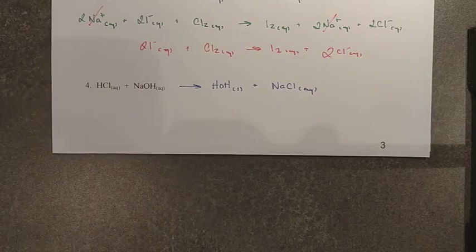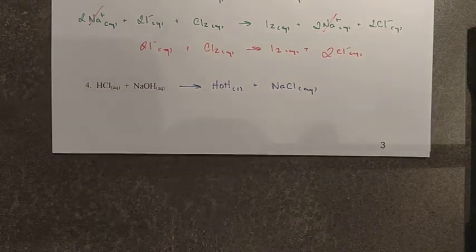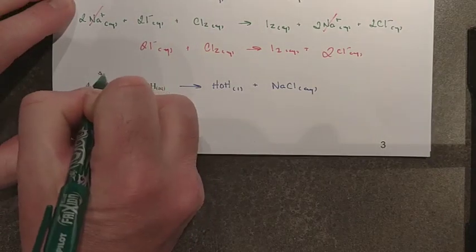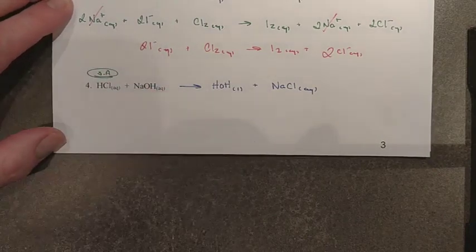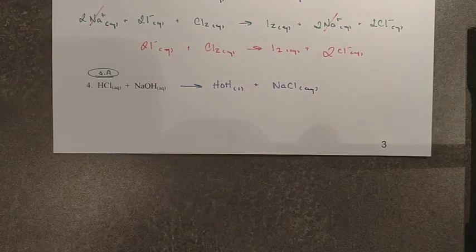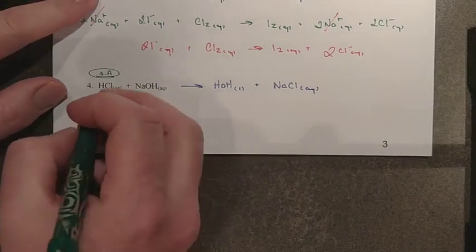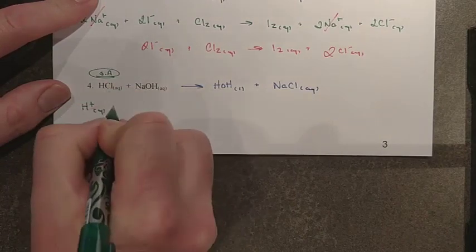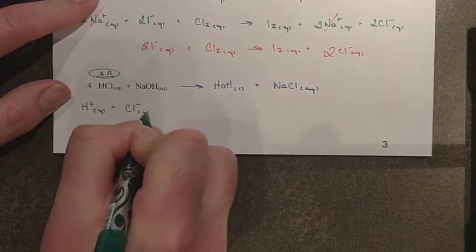Now I can start breaking up my strong acids and soluble ionic compounds. So HCl is one of my strong acids. Remember that they produce brand new ions in solution: the hydronium ion, which is easier for us right now to write as H+, and the associated anion of chloride.